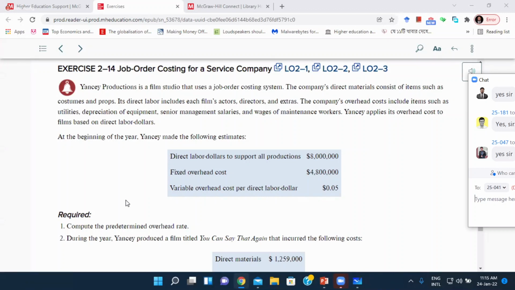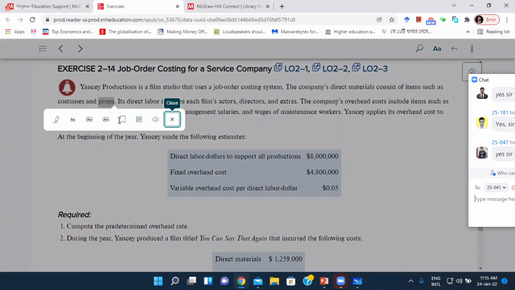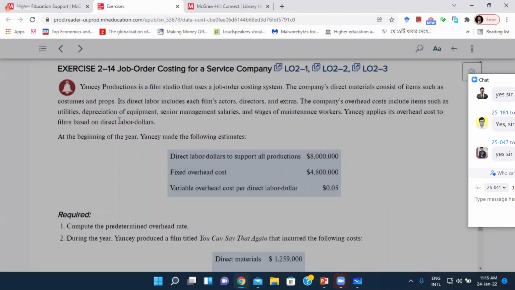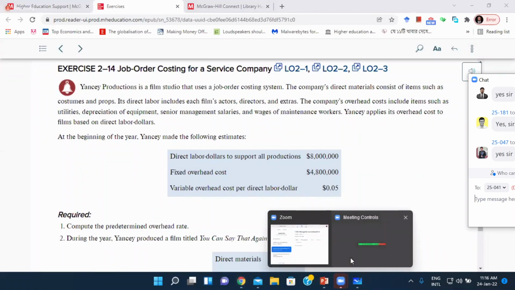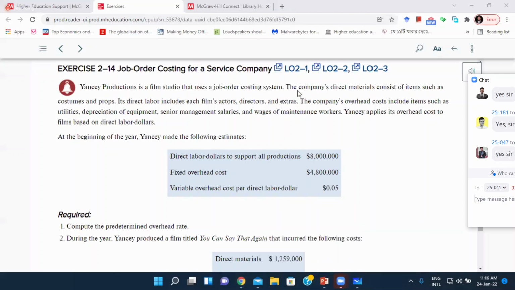Let me ask you what you mean by props, and give me your answer in the chat box. Props are part of direct materials for the film, along with costumes. We know the costume, but what is props? Let me wait to see your answer in the chat box.